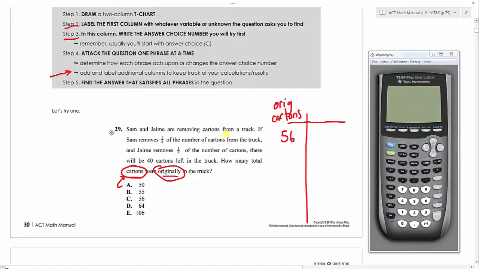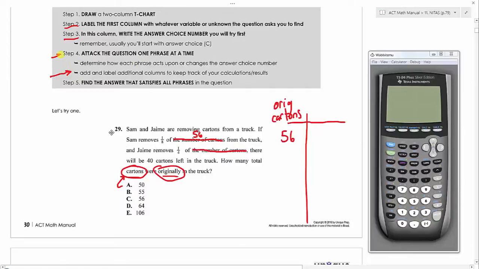Now, wherever I see the number of cartons in the question, that is no longer an unknown. That is now a 56. Since I am trying answer choice C, which says that the number of cartons is 56, anytime you see the number of cartons, it's now a 56.